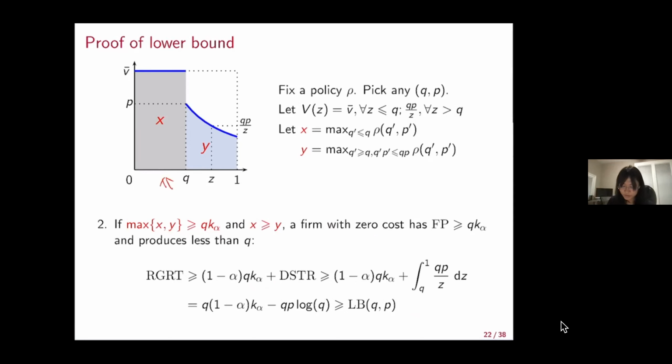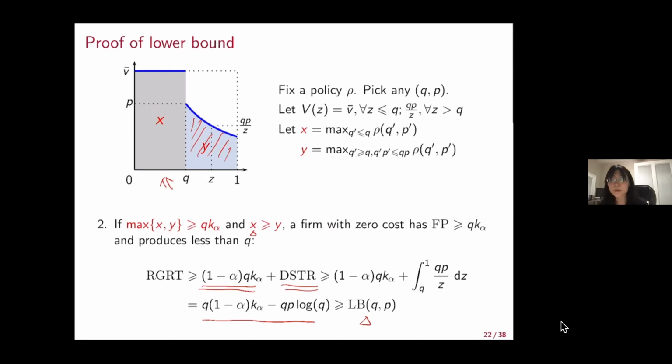The first front is that you still have a lot of distortion, which is equal to the total surplus in this area, because the firm would not go beyond Q. And the second source of regret is that the firm will get a lot of profit, right? So it's equal to 1 minus alpha times X, which is at least Q times K alpha. This is again the first term in our lower bound function, and that's going to be greater than our lower bound function.